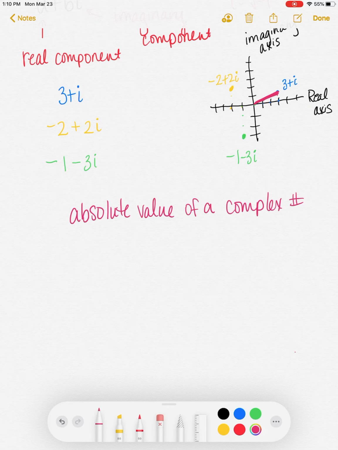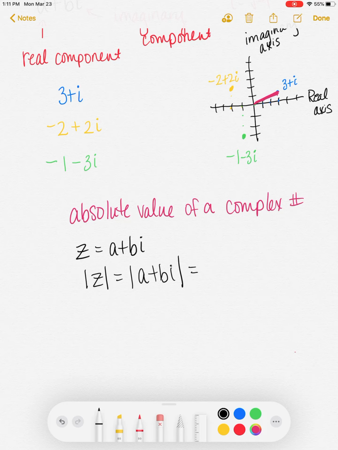So the way we find that, first of all, let me show you how we're going to notate. We're going to say z is our complex number. z is equal to a plus bi. It's just arbitrary. z is just going to represent that. If we want to talk about the absolute value of z, or how far it is from 0, we're going to say the absolute value of z is equal to the absolute value of a plus bi.